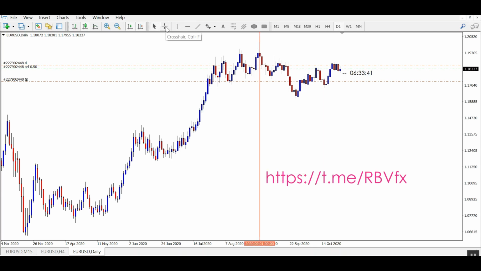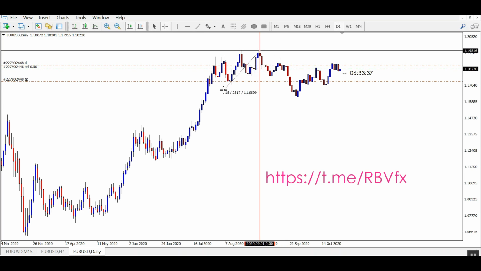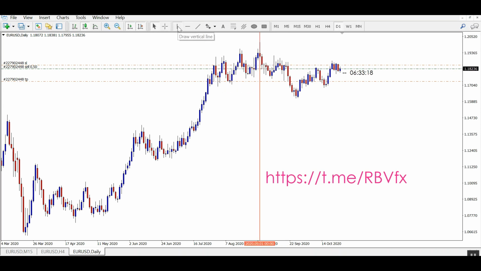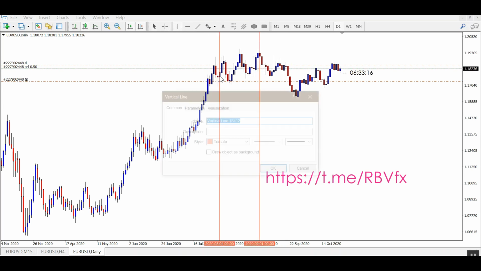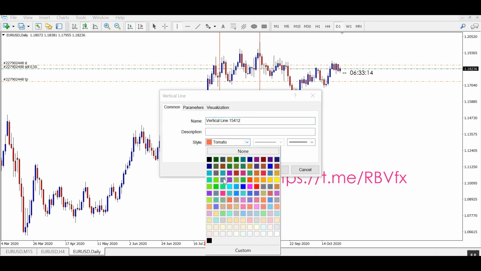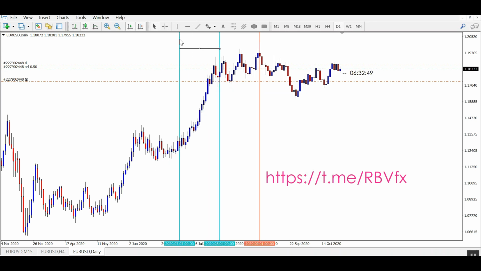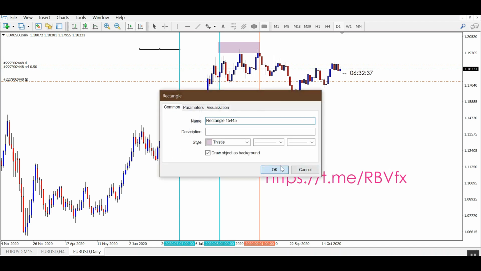Now I'm going to take the crosshair and count 20 days. I'll take another vertical line and note that down. Now I'm going to replicate the blue line again. From here till here we have the last 20 days prior to the reversal.